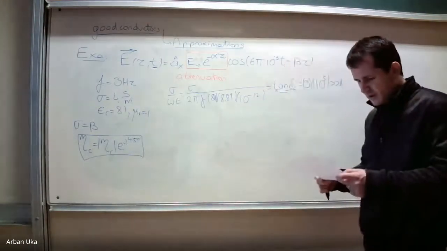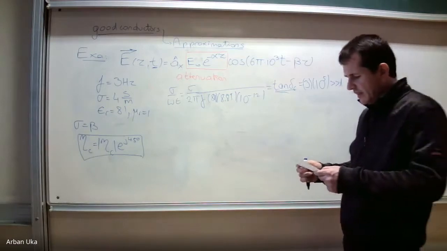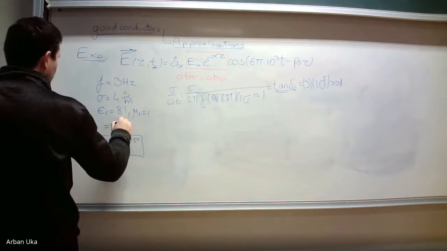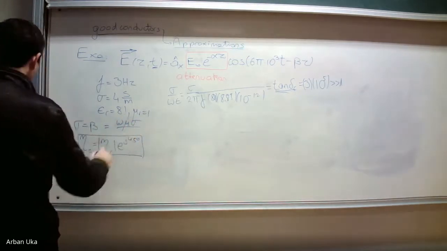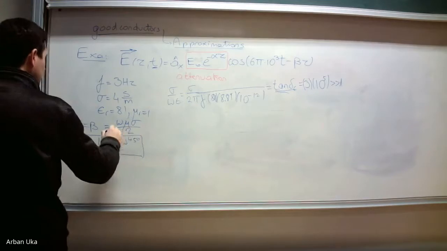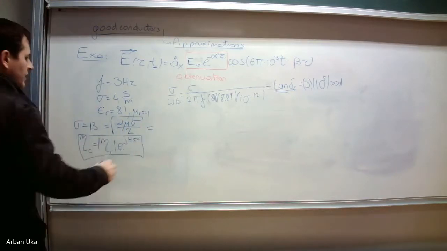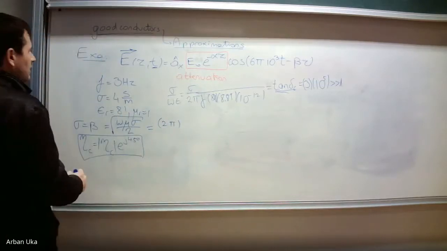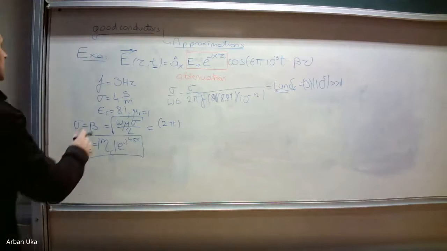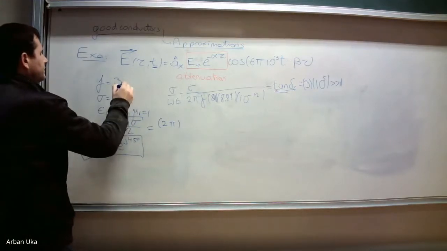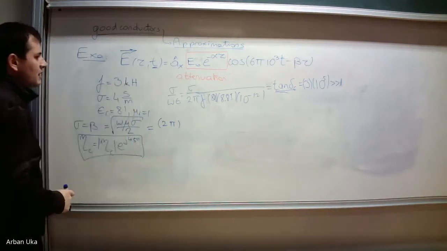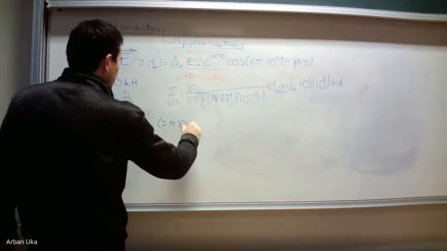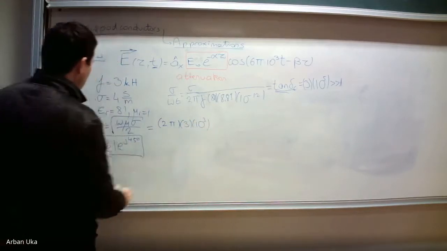Now let's see what alpha and beta are. Alpha and beta are the square root of omega mu sigma divided by 2. Omega is equal to 2 pi times the frequency, which is 3 kilohertz, so 3 times 10 to the power 3.